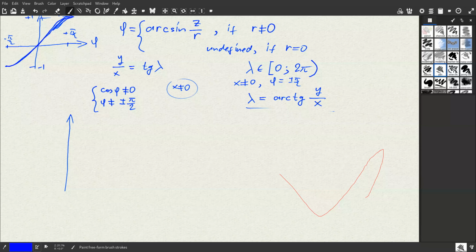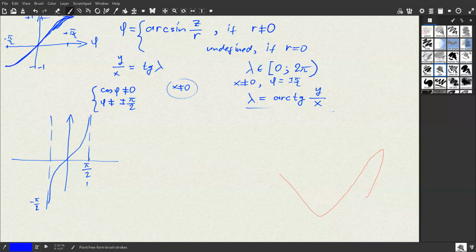So we compute arctangent and we get values which? From minus pi over 2 to pi over 2. This is a graph of tangent, which has vertical asymptotes at pi over 2 and obviously minus pi over 2, okay?